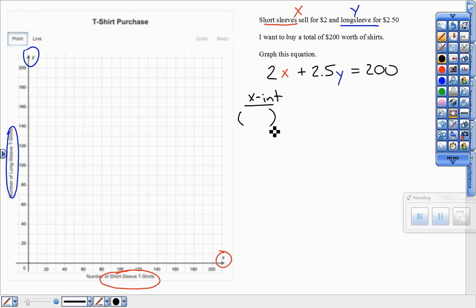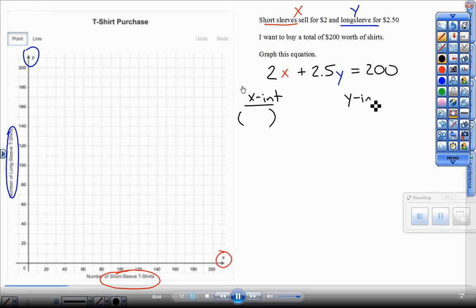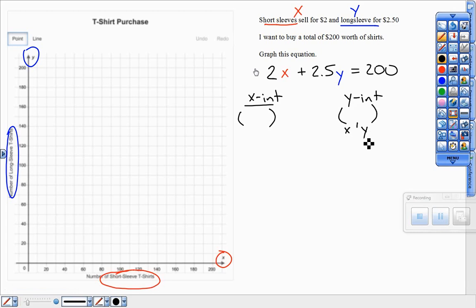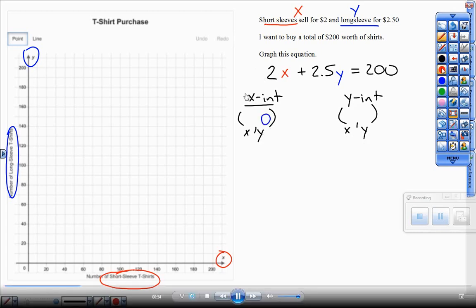So for the intercepts, you need to remember that at the x-intercept, the y value is 0, and at the y-intercept, the x value is 0. Always the opposites. X-intercept, y is 0. Y-intercept, x is 0. So when I take that equation, I plug in the 0 for y and solve for the unknown x.